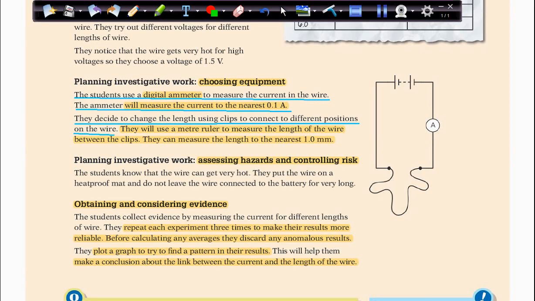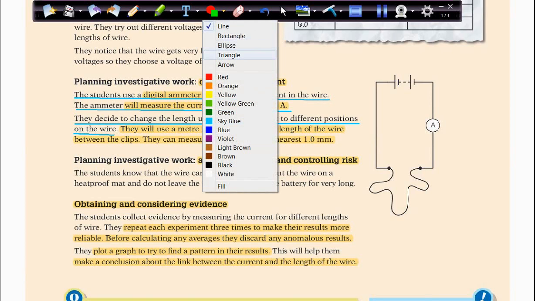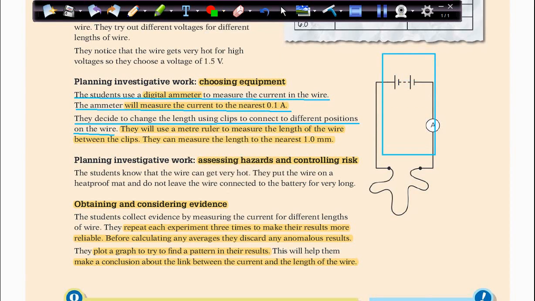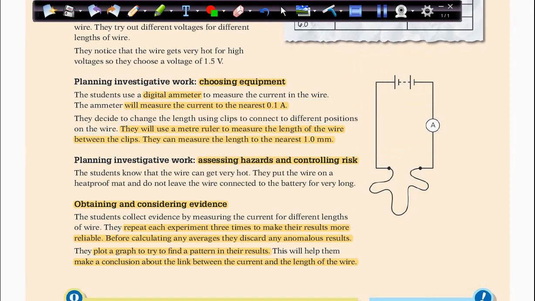So as you can see in this picture on your right, we have the circuit that they want to use for their investigation, and we have the cell made of two batteries, an ammeter, clips, and an extension of the wire.